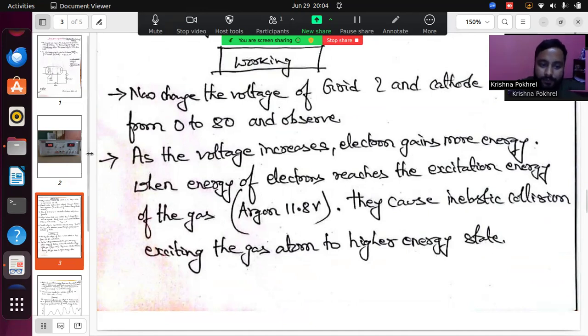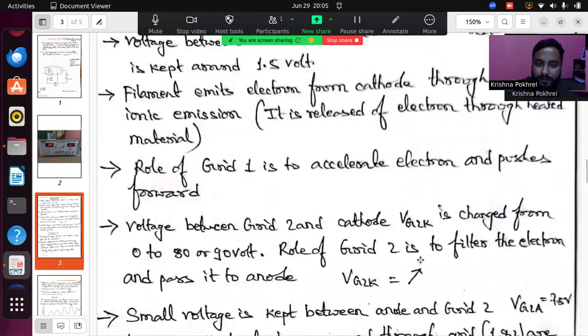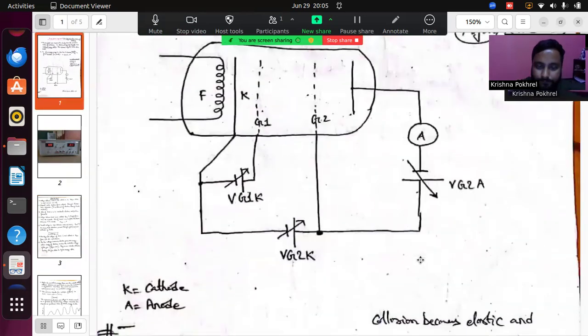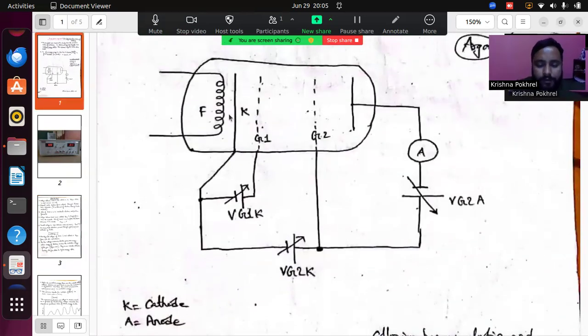I will explain this point. At first, I'll explain that inside this tube there is a gas called argon gas.